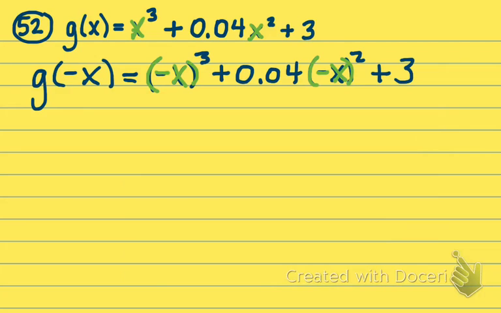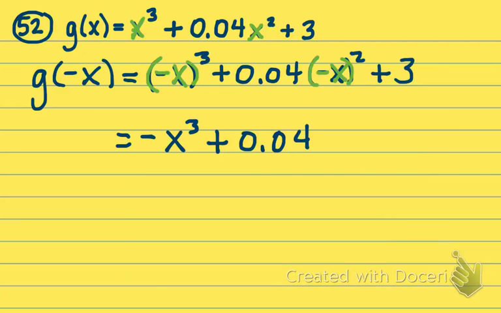So then, I just do the algebra that's legal. So, switching back to blue, we get, again, if I cube a negative number, it's the same thing as the negative of the cubed number. Notice the distinction there with the parentheses. Plus 0.04, and now I have to come back to this one.